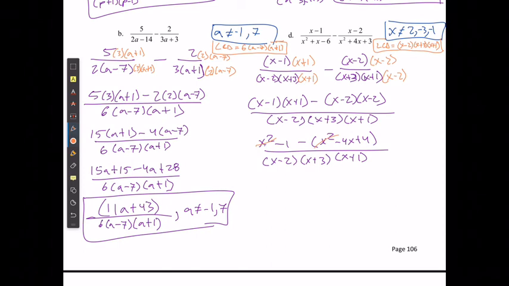The negative of negative 4x is going to give me positive 4x, and negative 1 minus 4 is going to give me minus 5, all over (x minus 2)(x plus 3)(x plus 1). I can't factor that down anymore, and I'm going to restate that x cannot equal 2, negative 3, or negative 1.